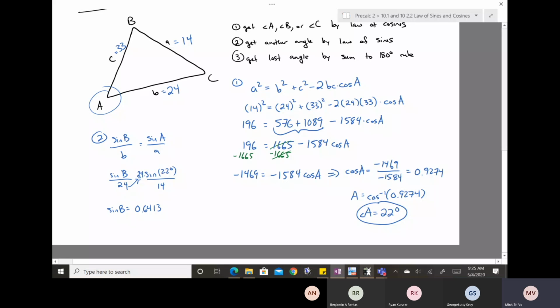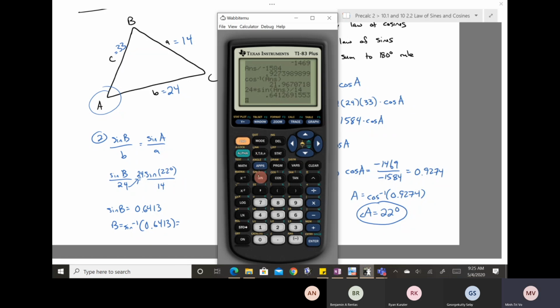So again, I have to use the inverse sine now. So B is the inverse sine of 0.6413. So what do I get? Inverse sine of 0.6413. So I get about 39.9 degrees.